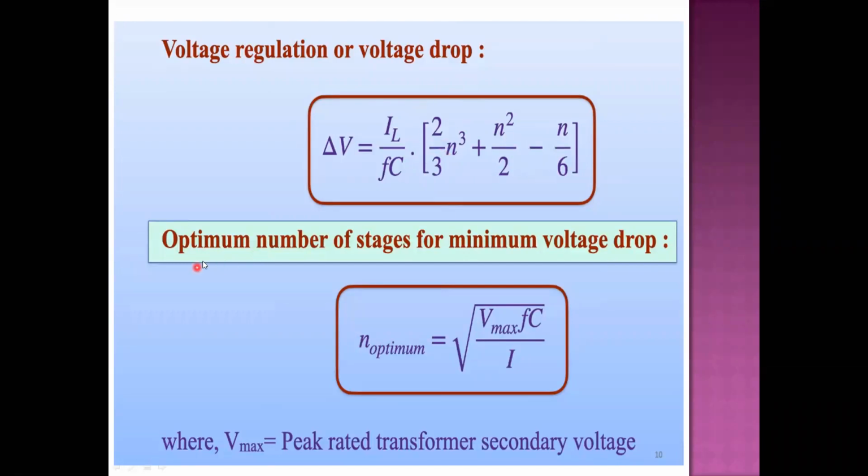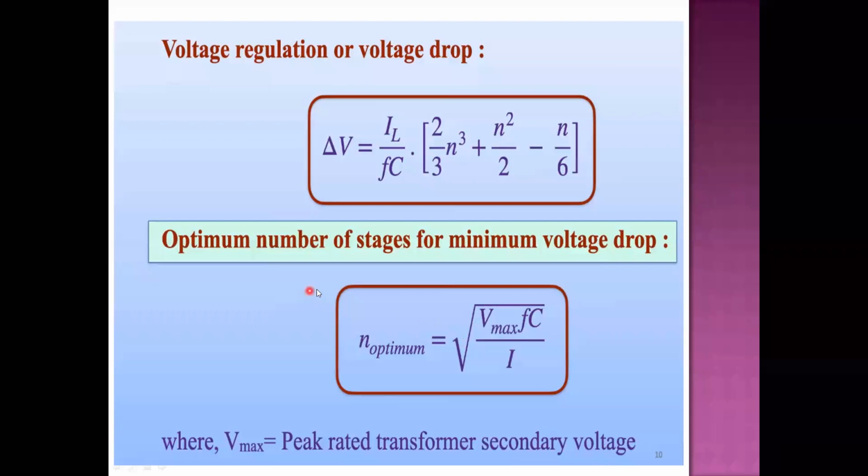And next, optimum number of stages for minimum voltage drop. N optimum is equal to square root of V maximum into FC by I. V maximum is the peak rated transformer secondary voltage.